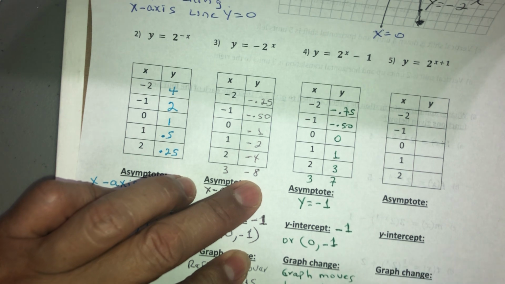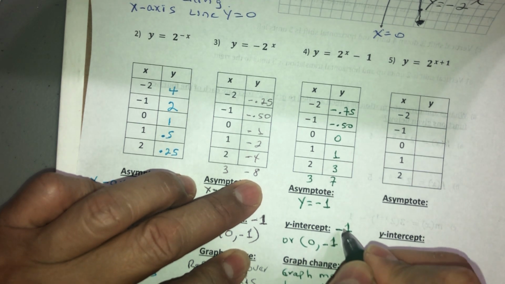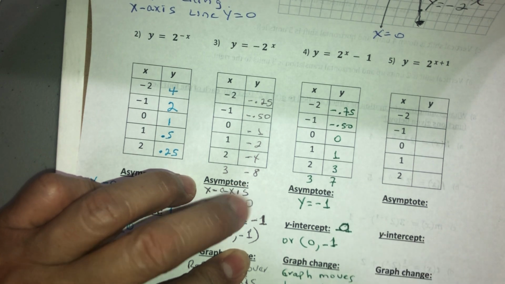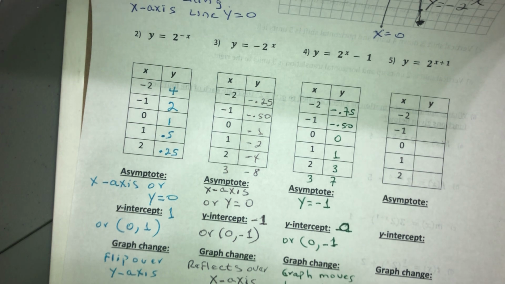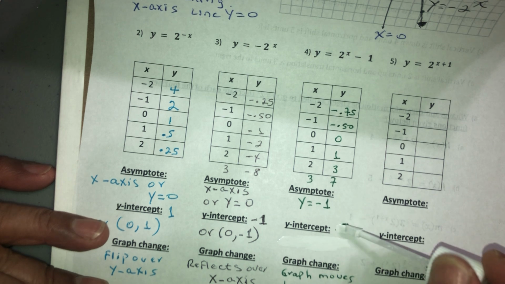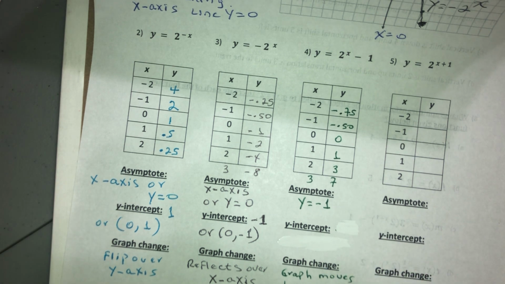Like I said, I made a mistake. The y-intercept is 0. Sorry, guys, 0. So just ignore this, please. Let me do that again and rewrite it freshly so you don't get confused.